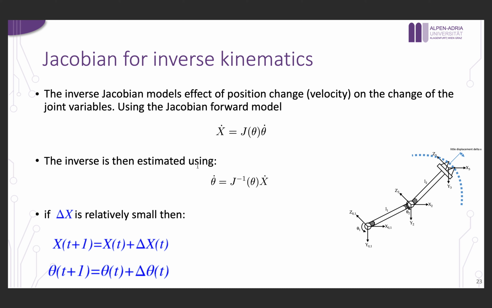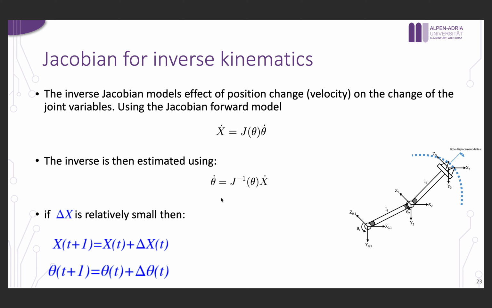Now what we want to do is the inverse, which means that we need to take theta, the change of the control parameters over time, which we can adapt, and it is equal to the inverse of the Jacobian matrix multiplied by the change of x.